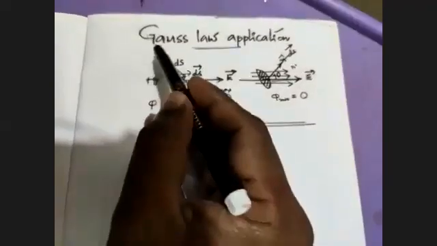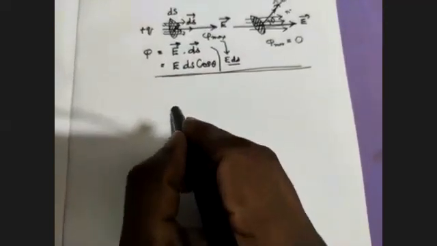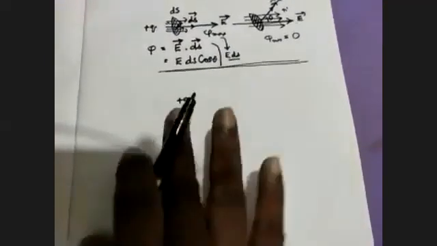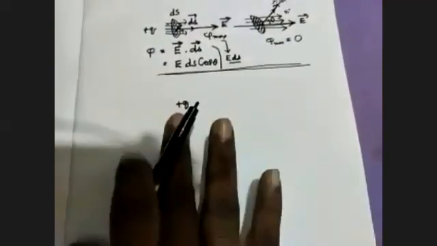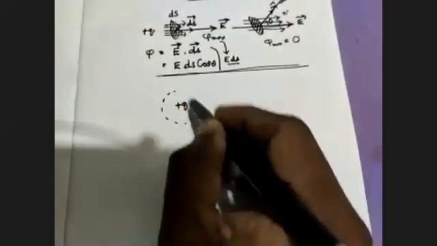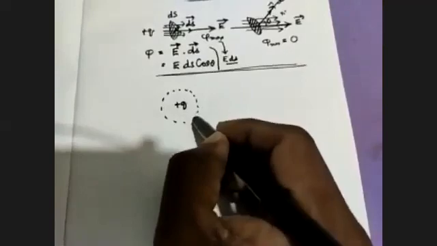See, Gauss gives a shortcut way. If a positive charge is there, around this positive charge the electric field is spread. So we have to calculate the total flux. What Gauss says is, if you want to calculate flux, we should not leave this charge just like this. You have to imagine it is inside some imaginary surface.